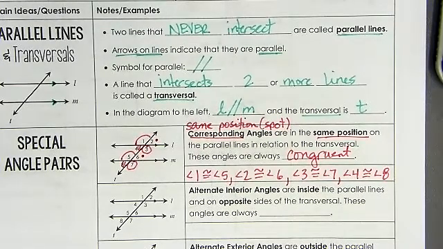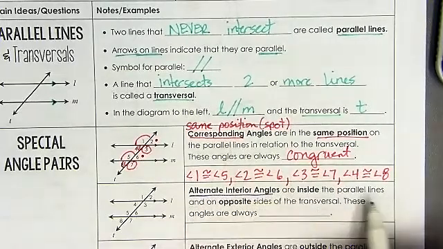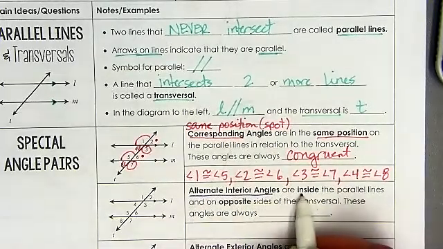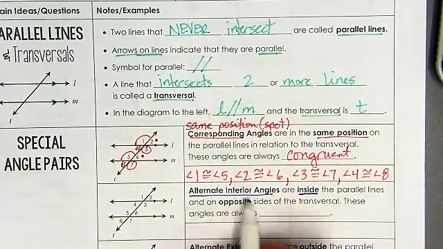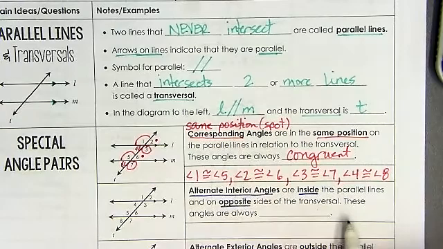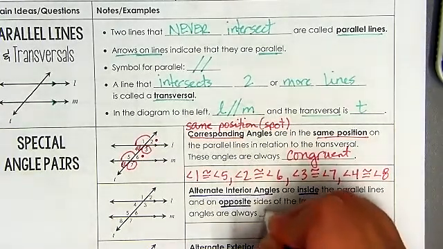All right. Now we have alternate interior angles. They are interior, so they are inside the parallel lines, and they are alternate, which is opposite sides of the transversal. These angles are always congruent.